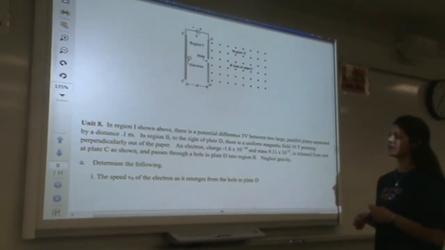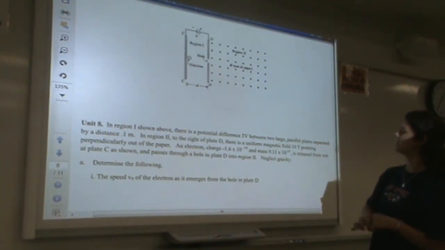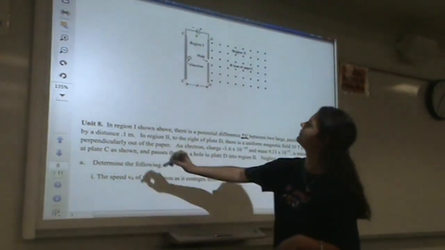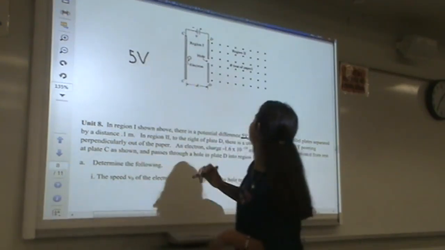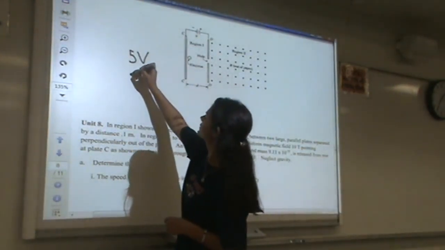Neglect gravity. So, first off, we need to point out what we know in the problem. We know that there's a potential difference of 5 volts, and there's the distance of 0.1 meters.